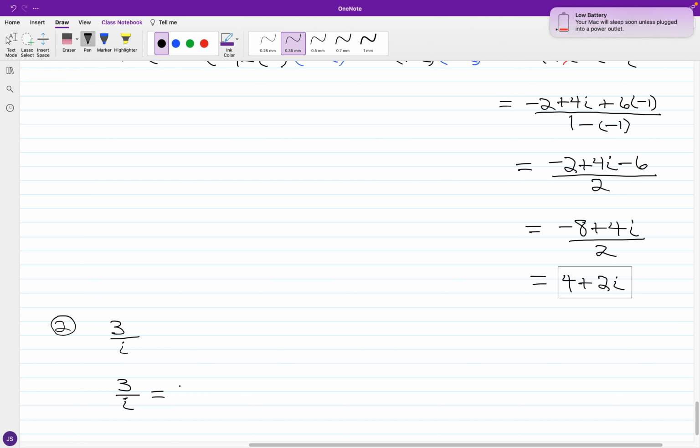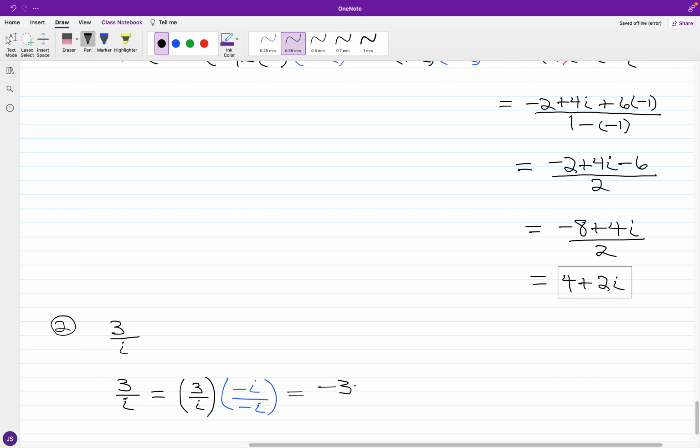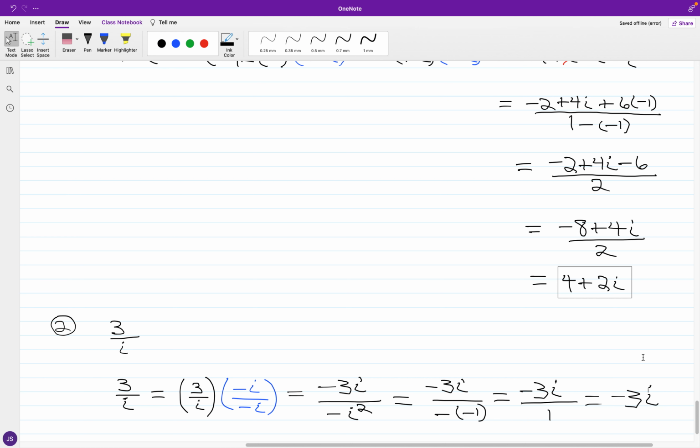So 3 times negative i is going to be negative 3i, over negative i squared. Remember, i squared is negative 1, and the opposite sign of negative 1 is going to be a positive 1. And so that is going to go to negative 3i.